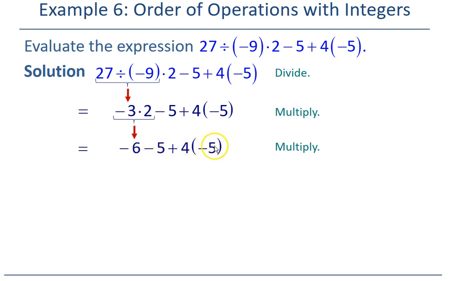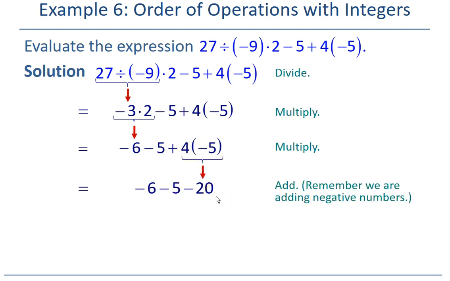We're going to do next this multiplication, which gives us a -20. And now we just add up all our negative values, and we get a -31. So again, you'll be having practice as you shoot for a certification, and they take time. Be careful of your signs. Follow the order of operations.